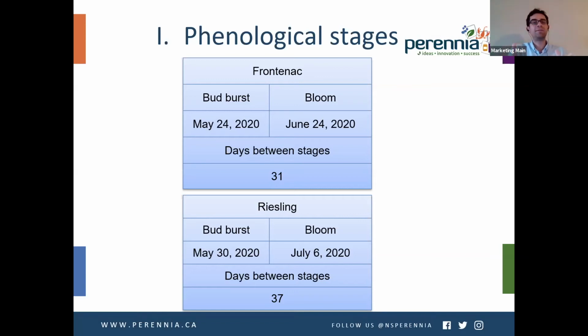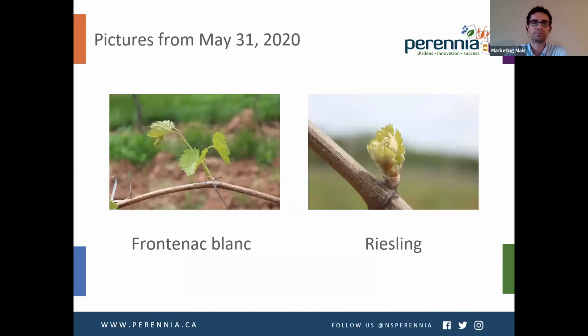This gives you the window to decide which variety will have the priority and when you have more time to react and make activities such as suckering, tacking, or moving wires, to be prepared for a good bloom. I know it will depend a lot on growing degree days, but if you start to build this data, it will be very beneficial for your archives and for making decisions in the future.